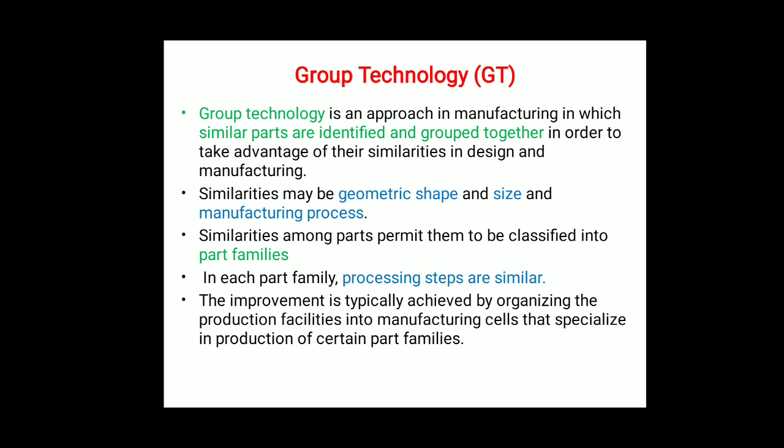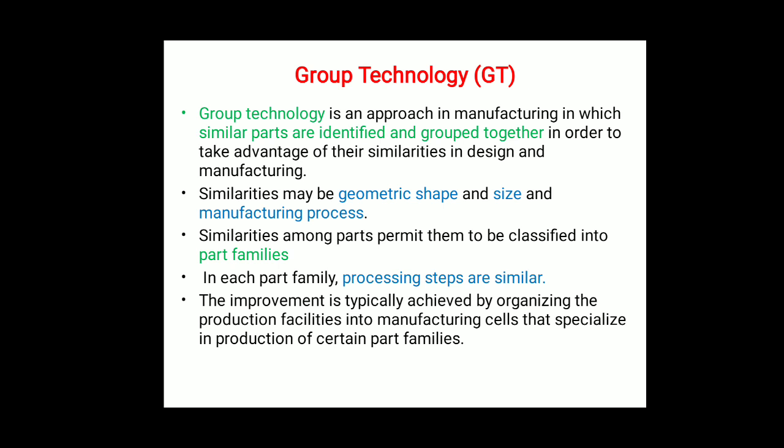It is a manufacturing philosophy in which similar parts are identified and grouped together to take advantage of their similarities in manufacturing and design. Similar parts are arranged into part families.